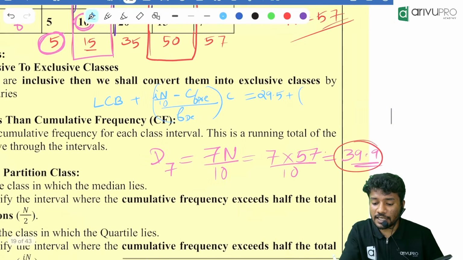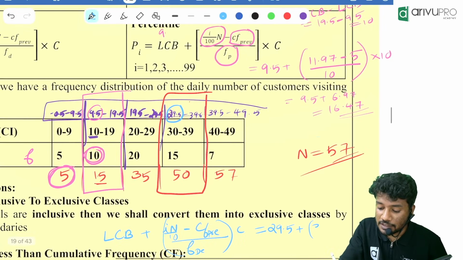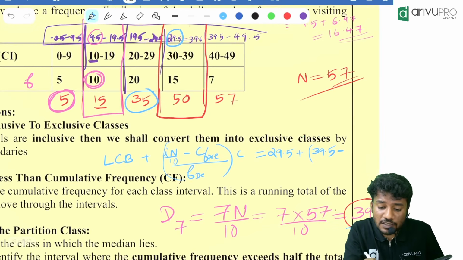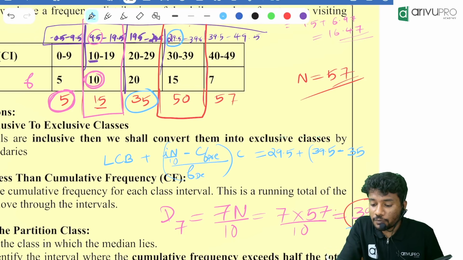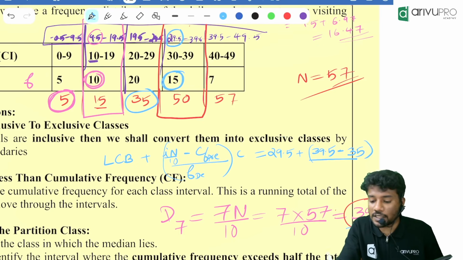We already found it, which is 39.9, minus the cumulative frequency of the previous class, 35, divided by the frequency of our decile class, 15, then multiplied with 10.